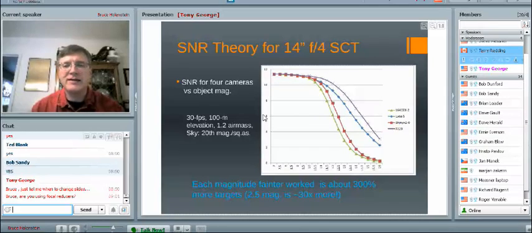And this is at video rates, 30 frames per second. Predicted performance, taking into account scintillation, shot noise, read noise, and other noise sources, scintillation and extinction.